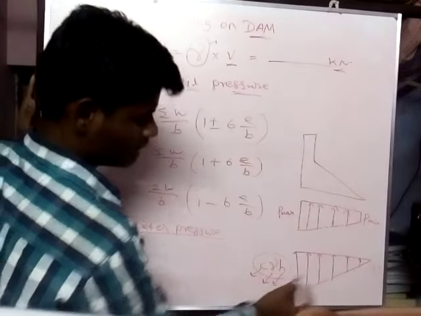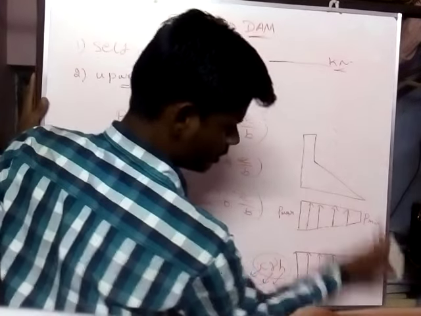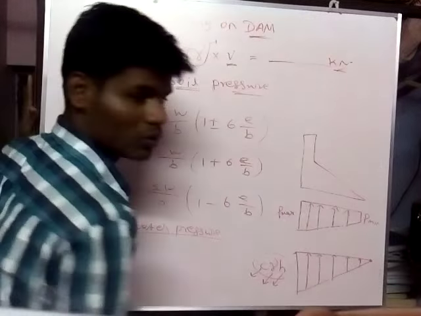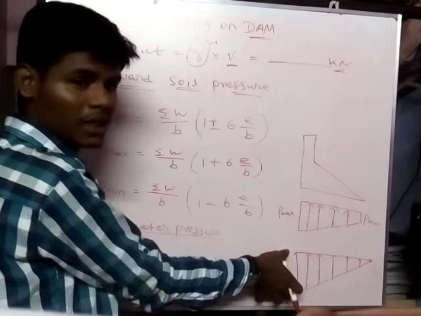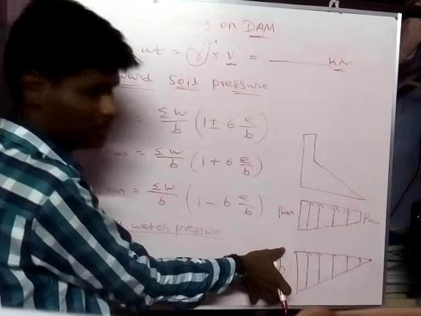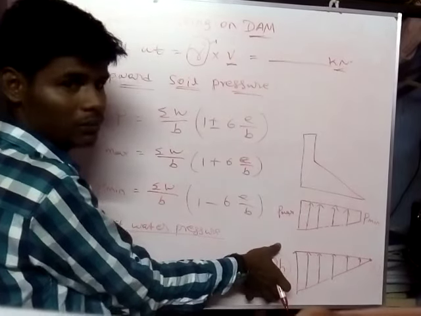So C mu H. On the downstream side, the uplift water pressure is 0. On the upstream side, that is maximum uplift water pressure.